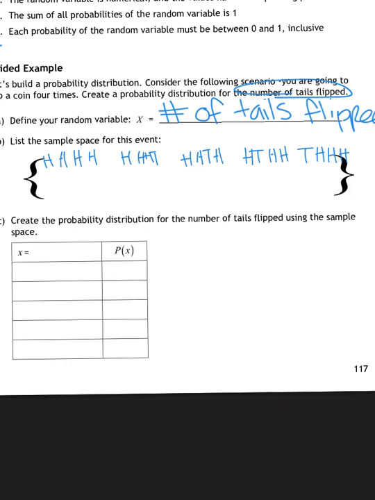So the next one would be, well, what if 2 pieces are tails? So we have heads, heads, tails, tails, heads, tails, heads, tails, heads, tails, tails, heads, tails, heads, tails, heads, and tails, tails, heads, heads.